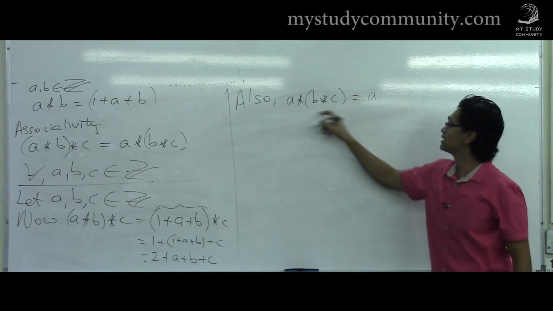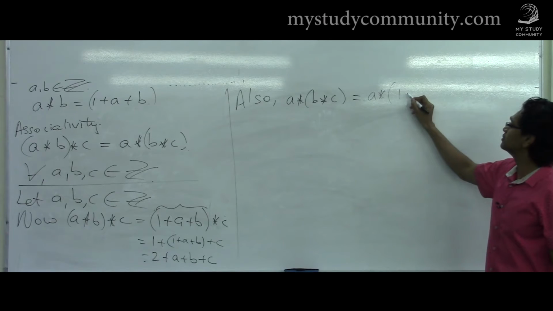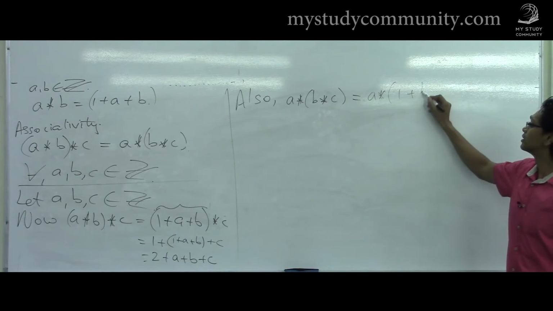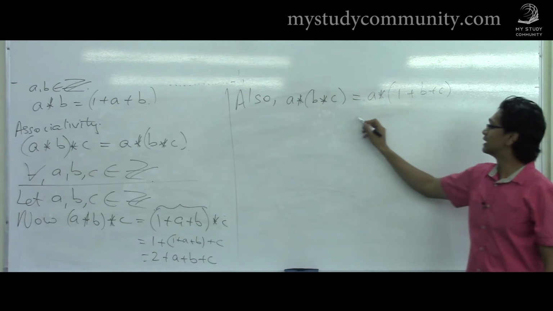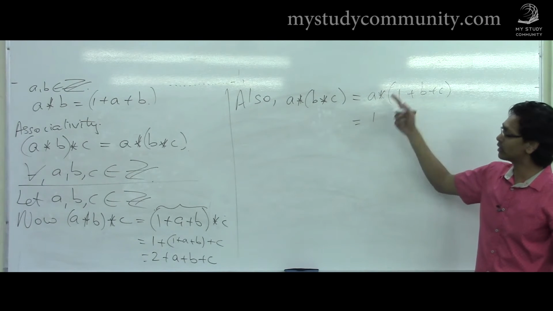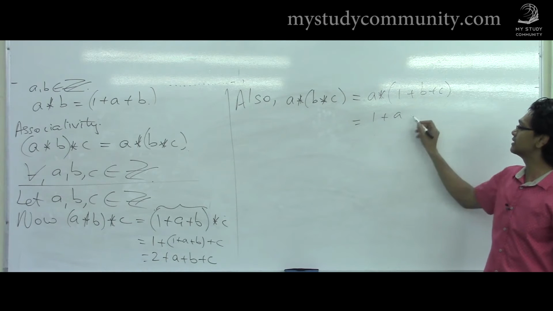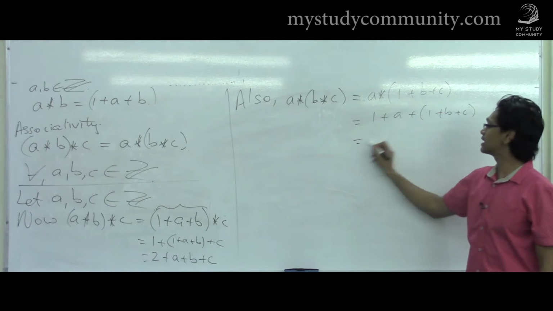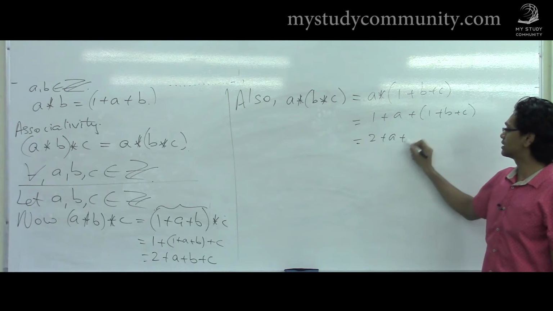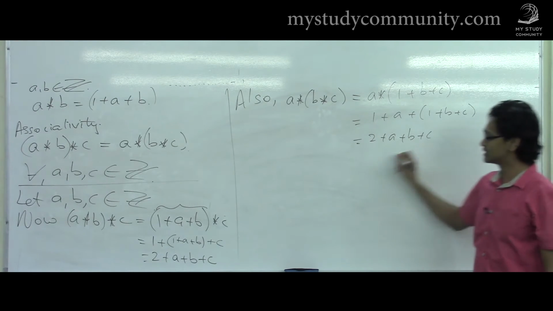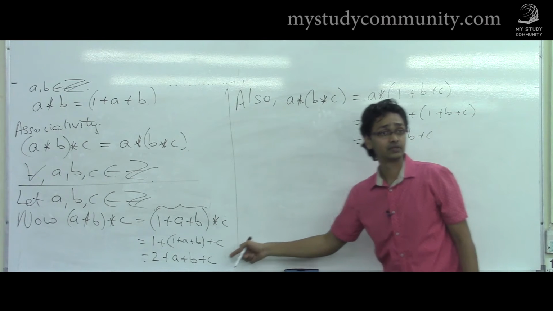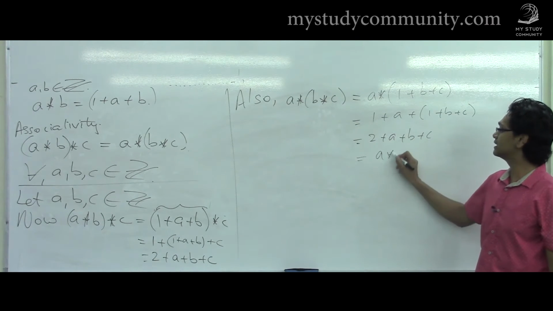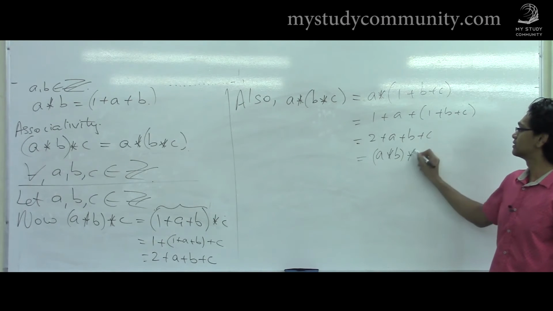So A star 1 plus the first element, in this case now B, plus C. And this gives 1, we don't know where 1 comes from, plus the first element, which is A, plus the second element, which is B. This simplifies to 2 plus A plus B plus C, which is the same thing as here, yes? So then the next line, you write that is equal to A star B star C.